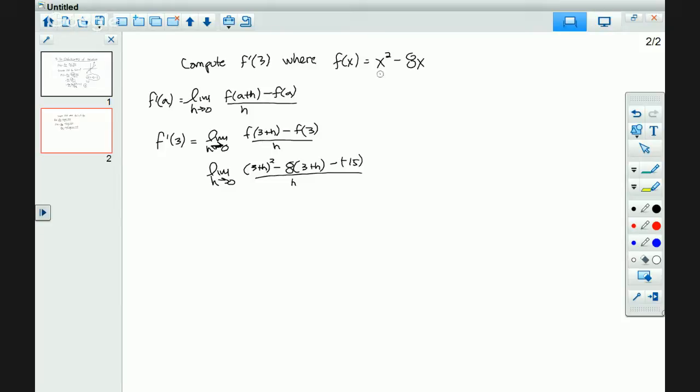That goes in for x. So it's 3 plus h squared minus 8 times 3 plus h. Oh. So you plug 3 in. Got it? Okay. Now expand. If you can do this on your own, have at it. Do not follow me. Okay, 3 plus h squared.